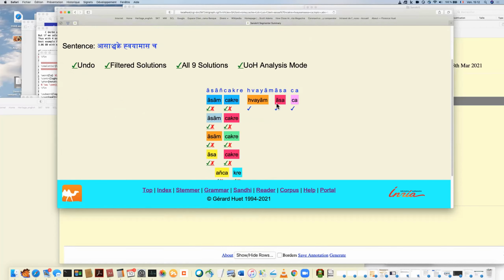It's going to be the perfect of as. So please wait until the grammarians explain this construction.